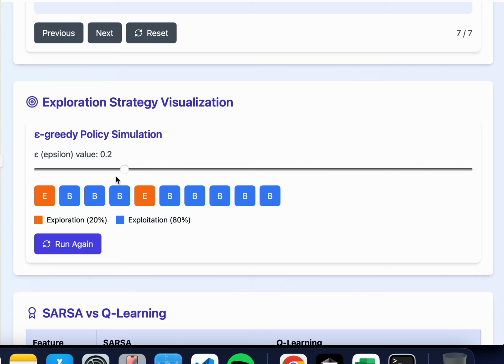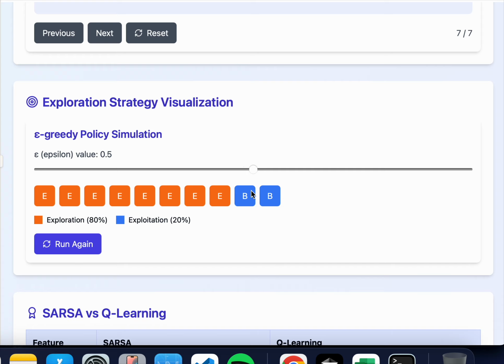So here let me switch. When epsilon is 0.5, the agent is mostly exploiting. And here let's make it 0.2, run again, and let's make it 0.3, and here exploration, and again 0.4.